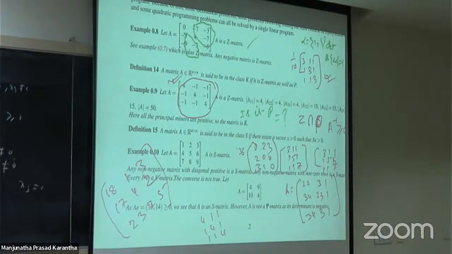But you have to see whether it is P or not. Yes, this matrix is P. Is its inverse? Its inverse, the 2, 3 element is positive and all other off-diagonal elements are negative. No, there are two off-diagonal elements which are positive.